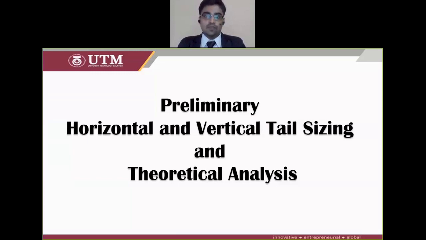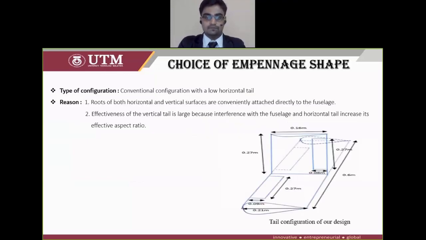For the preliminary horizontal and vertical tail sizing, before the basic parameters and sizing were done, it is vital to choose the appropriate empennage shape that suits the aircraft function. Since our team has planned to design a UAV aircraft that carries 5 kg of load, it is more appropriate to set the conventional configuration with a low horizontal tail.